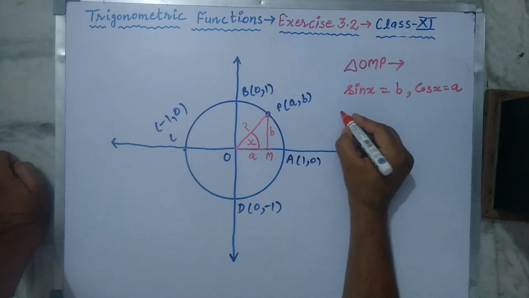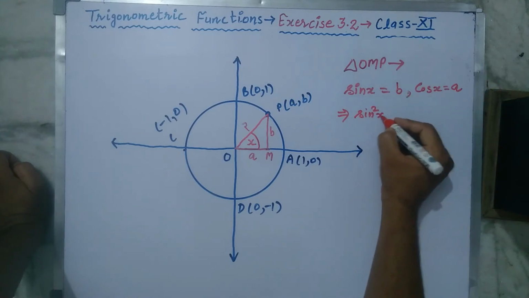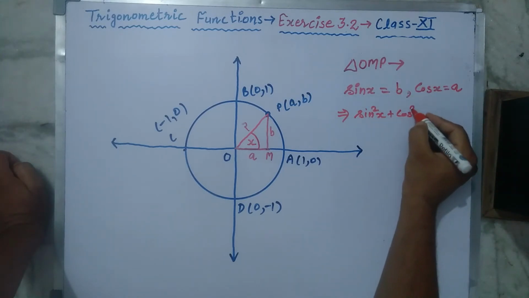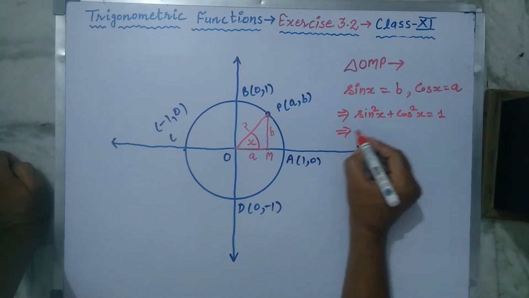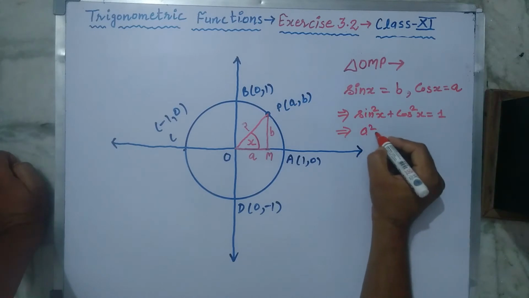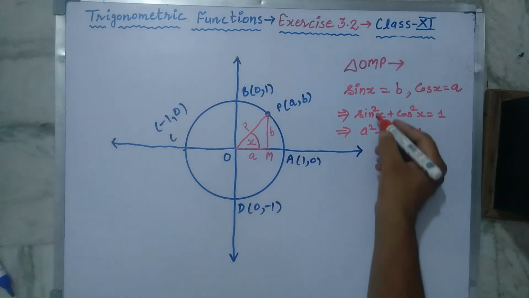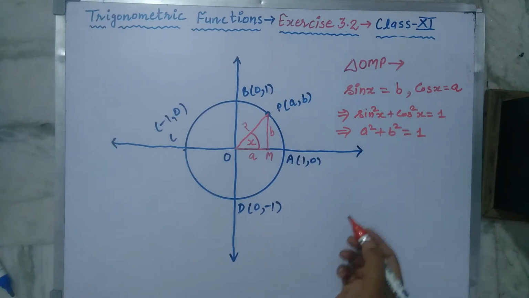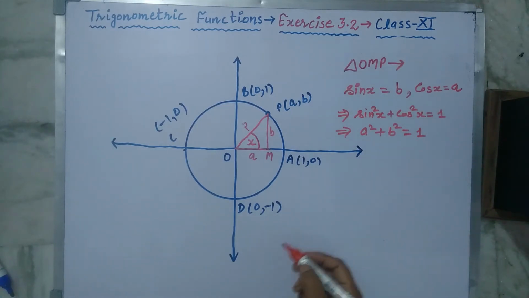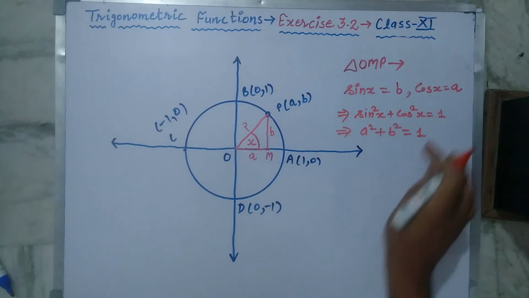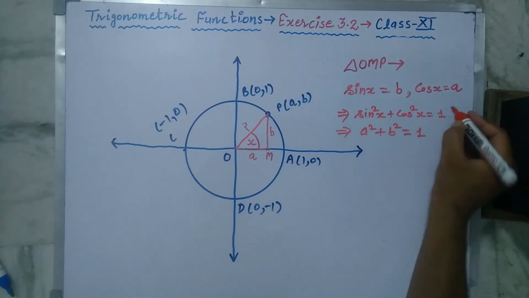So squaring and adding, sin square x plus cos square x is equal to 1. This way, a square plus b square is equal to 1. From here, if sin x is known, then we can find the value of cos x. If cos x is known, then we can find the value of other trigonometric ratios from this relation.